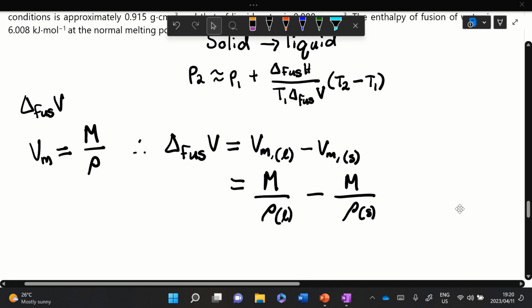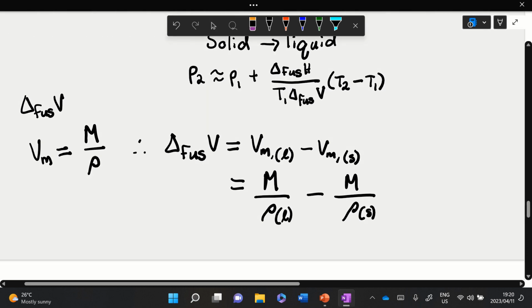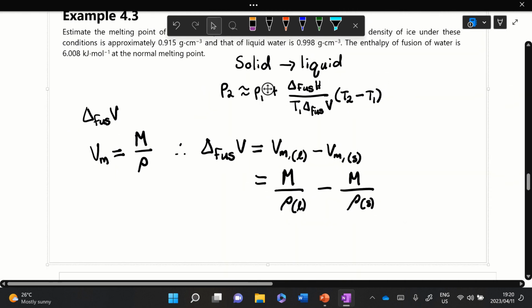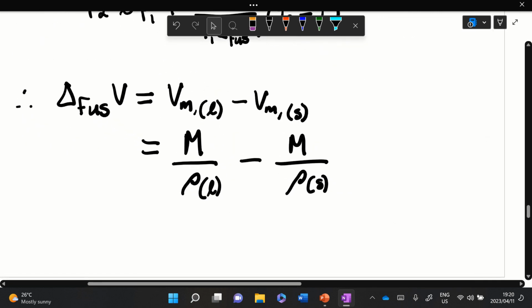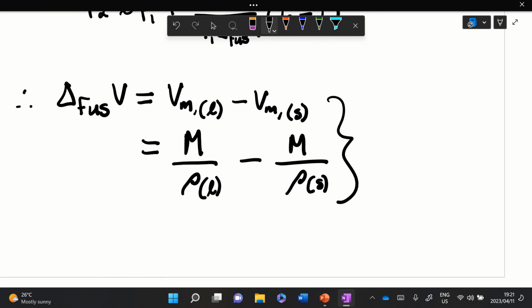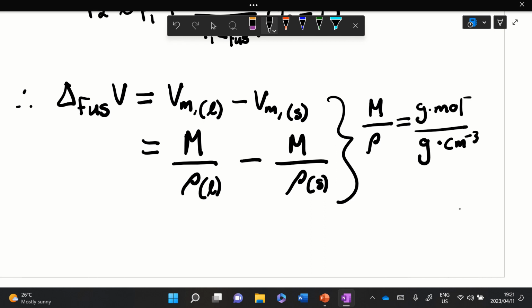Right, maybe just a final word on the molar volume, just so that you believe me in terms of this equation. Just checking the units. The molar mass is in gram per mole, and the mass density is in gram per volume unit. Let's just use the centimeter cube.